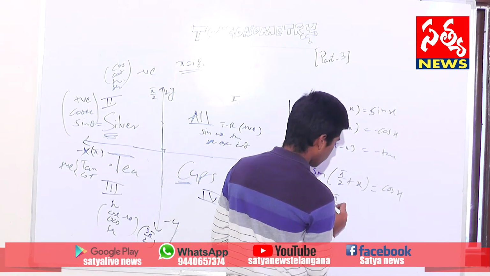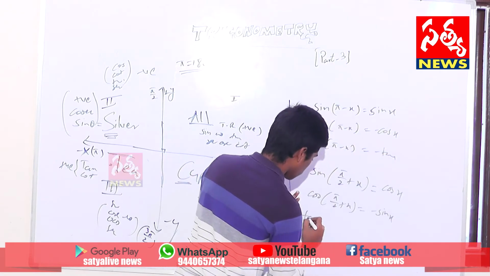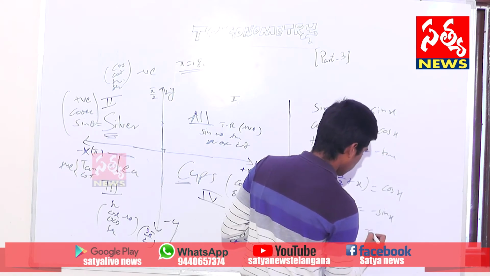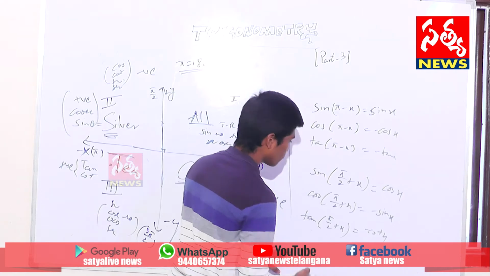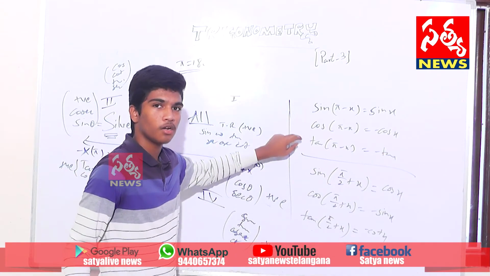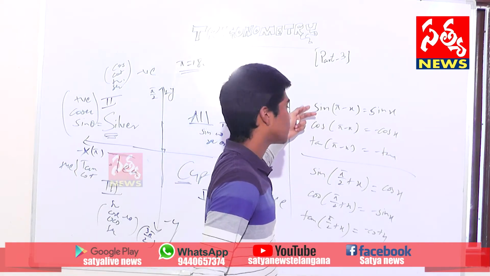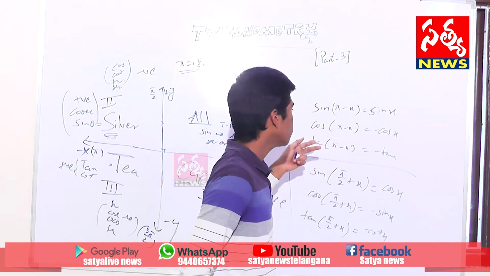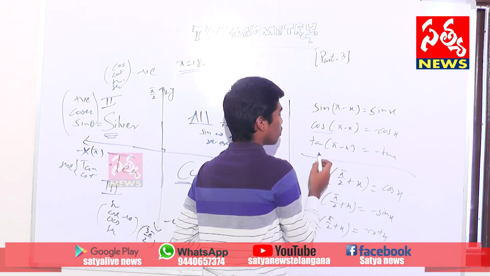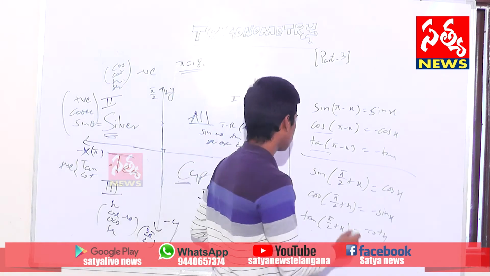Cos pi by 2 plus x is equal to minus sin x. Tan pi by 2 plus x is equal to minus cot x. Secant, cosecant and cot follow the same way as sin, cos and tan, since sin is the reciprocal of cosecant, and they represent each other.